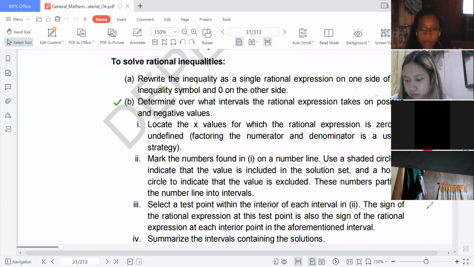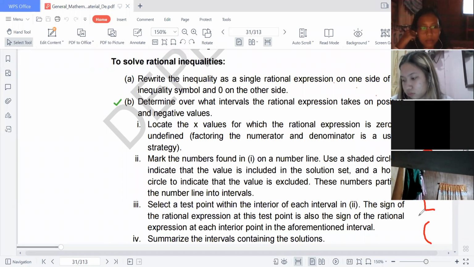Or in the other notation, we use the bracket and the parenthesis. If this is the notation, the number you write here is included, but if you use this one, the number in this portion is not included.